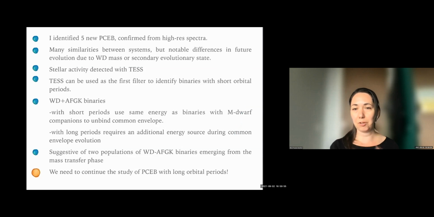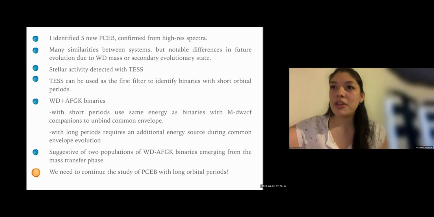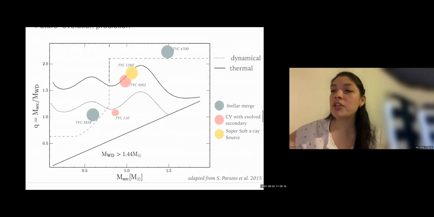I see a question from Laura. Hello, thank you, Stefania. I was just wondering what you meant when you said you thought it might evolve into a super soft source rather than a CV, like what the difference between those two evolutionary paths is. Oh no, I mean, here, it will be a super soft source for a short time.